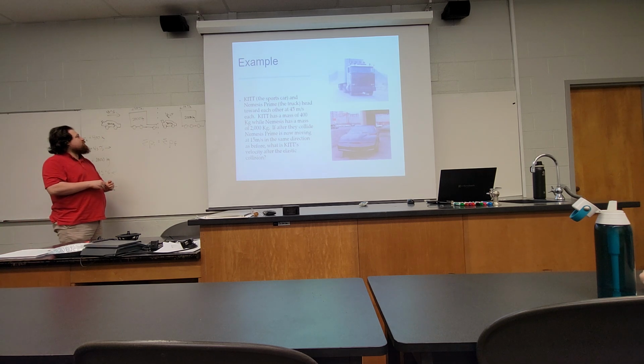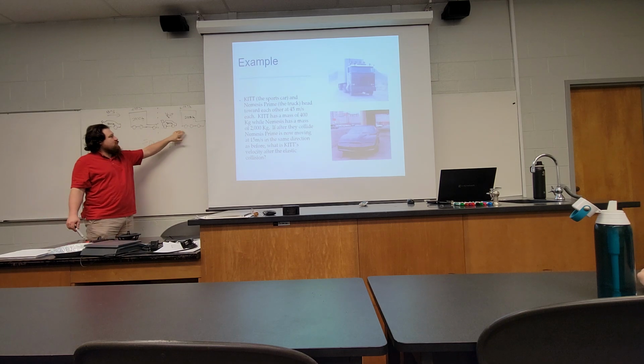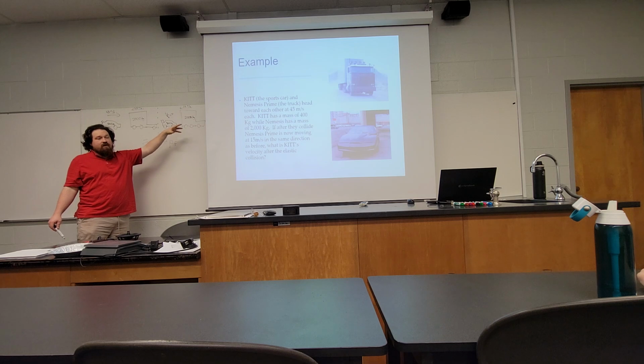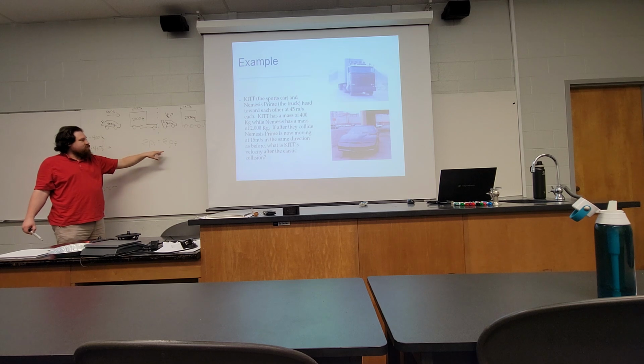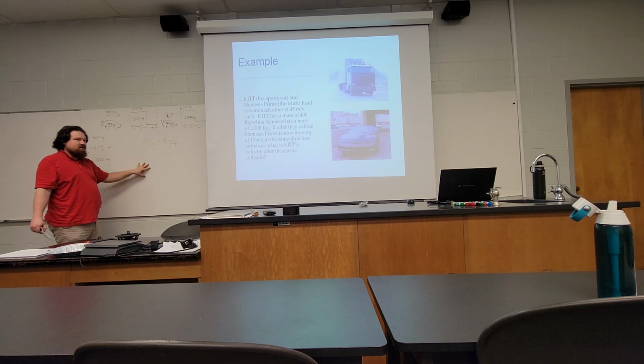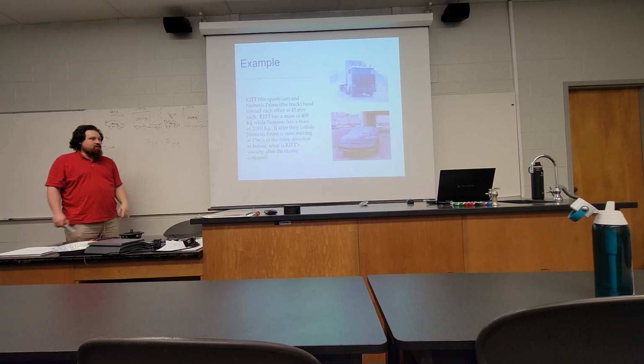So first we would need to find out how much momentum is in this system before the crash, and then separately, how much momentum would be therefore in the system after the crash. Much like before, these initial and final are both comprised of the two different initials being added together and the two different finals being added together.